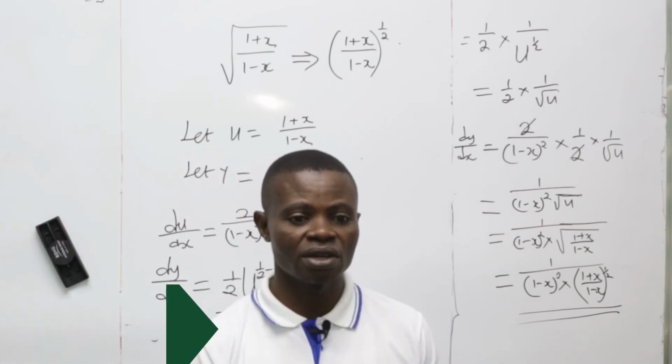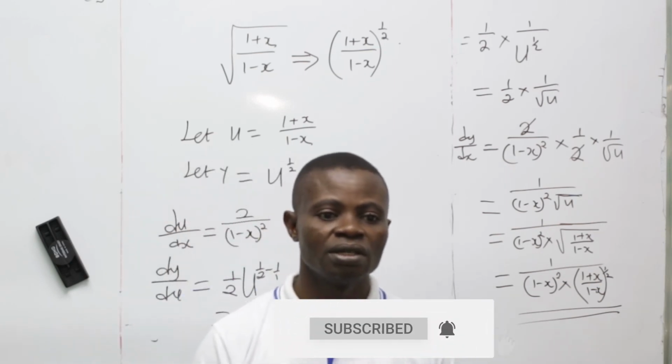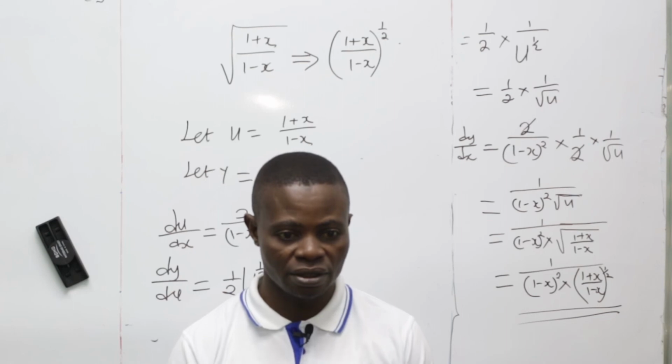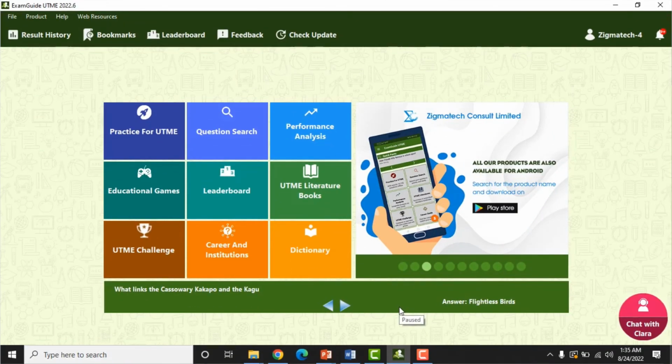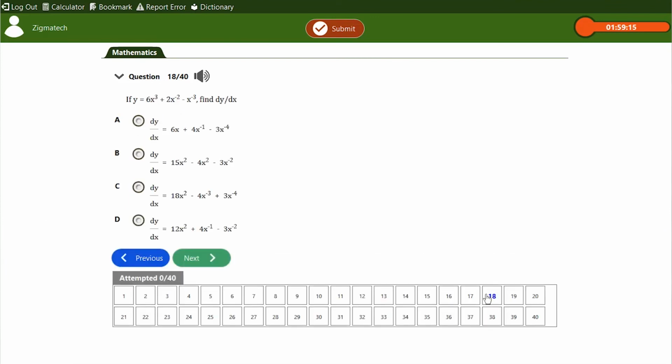So let us take question from past question using ExamGuide. This is UTME question. If y equals 6s cubed plus 2s squared minus x raised to power s cubed, find the y ds.